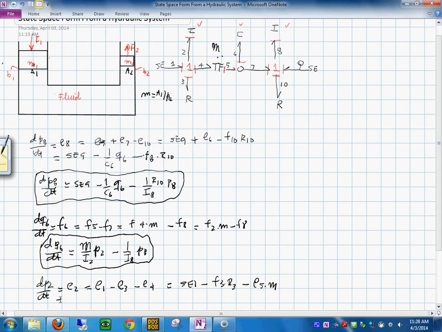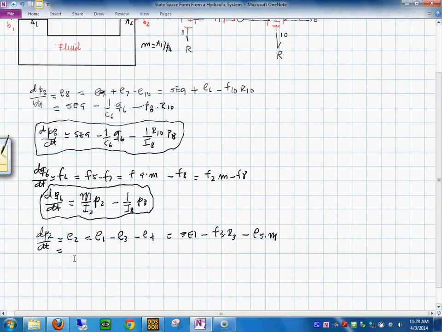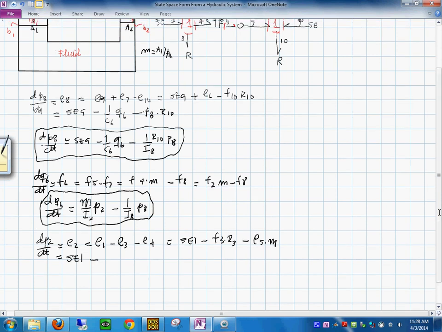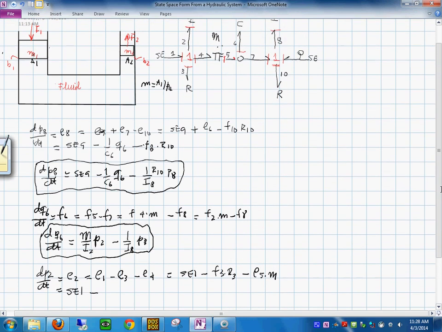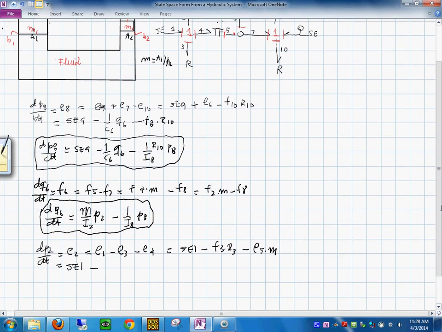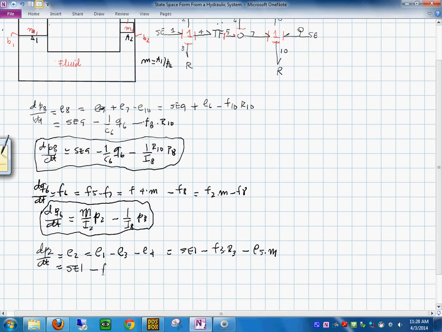And so we'll continue here. This is going to be SE1 minus F sub 3. In this case, F3 is F2. This is F sub 2 times R sub 3 minus E sub 5.